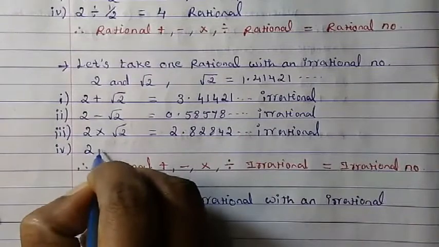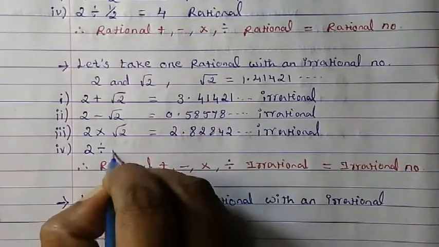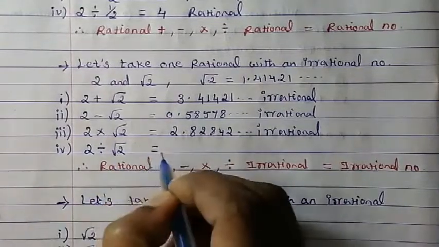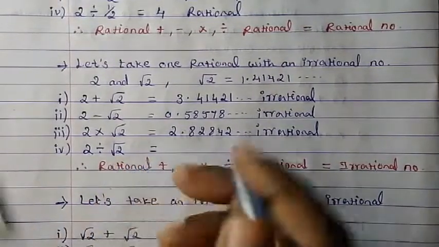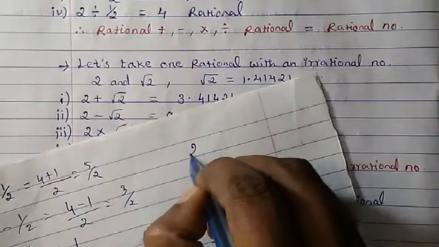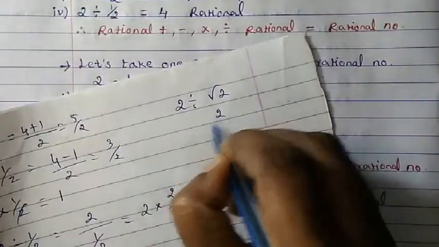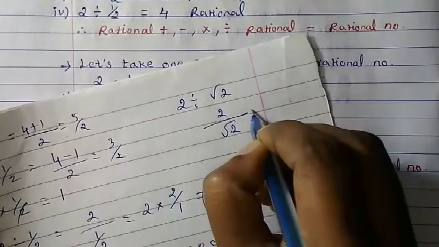Then if you are dividing root 2 with 2, rational with an irrational, then what will we get? This can be written like this. Now we are dividing this, right? So we have to divide. That means root 2 upon 2 will come.